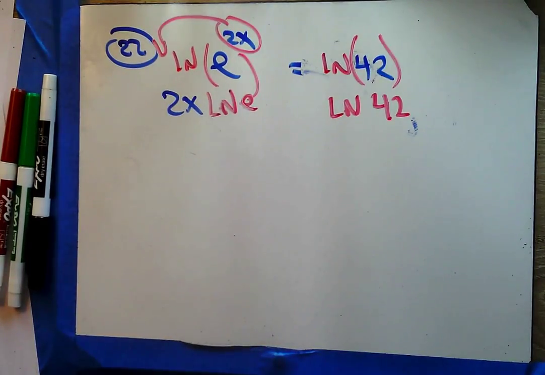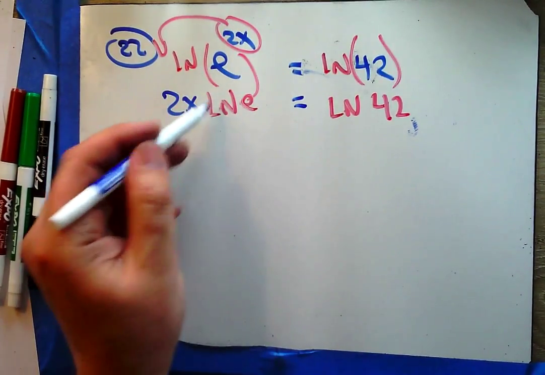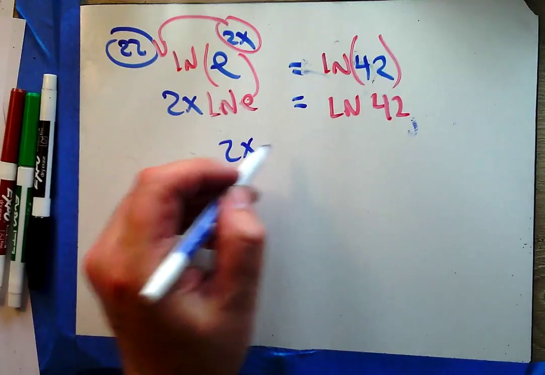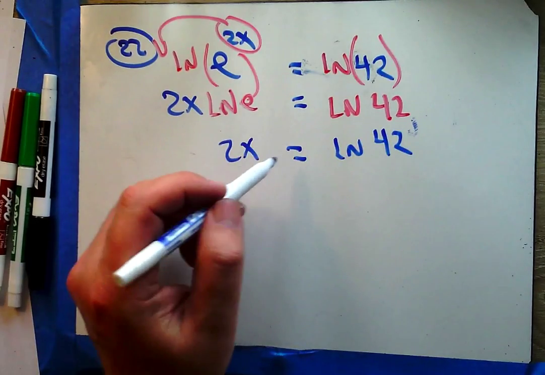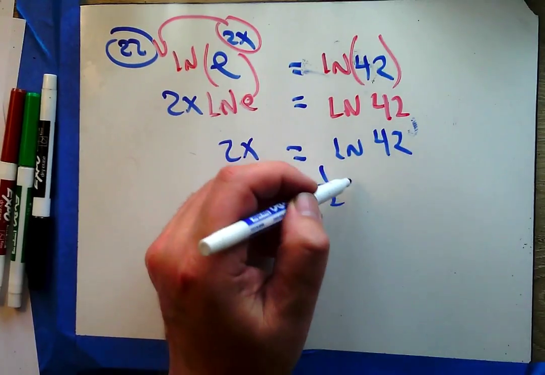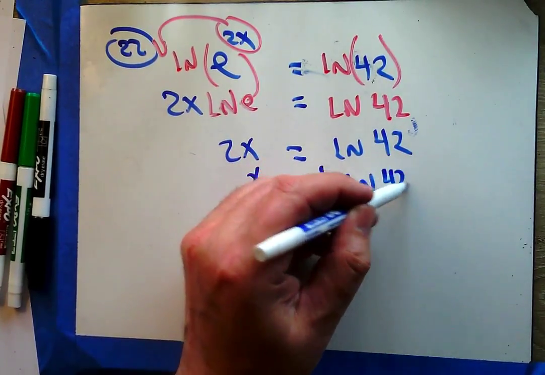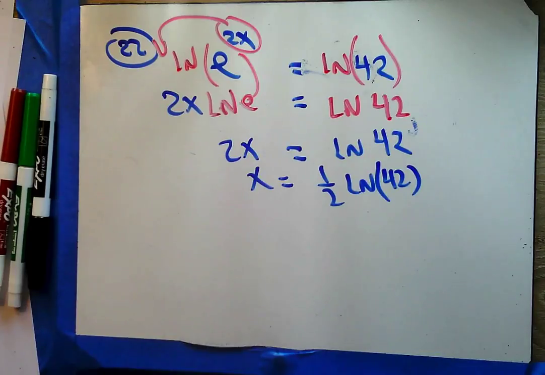Now we know, or we really should know by now, that the ln of e is 1. So we've got 2x equals ln of 42, or x equals 1/2 ln 42. Okay?